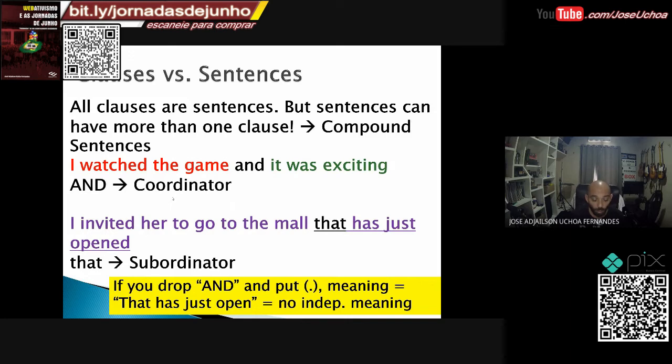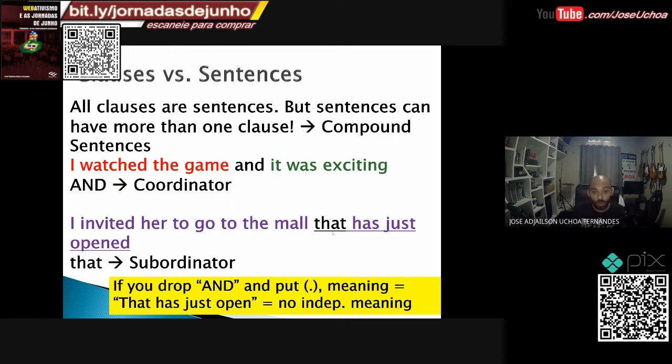You would ask, what has just opened? Oh, the mall. But the mall is in the previous clause, and it's being referred back to by the that. If I told you the mall has just opened, is it completely meaningful? Yes, the mall has just opened is an independent clause.